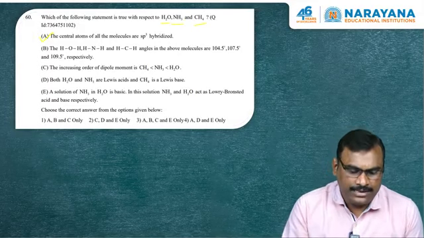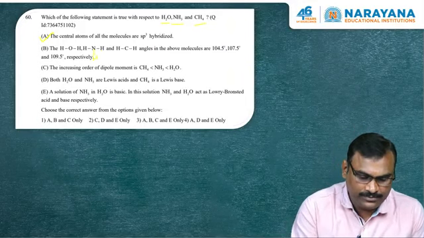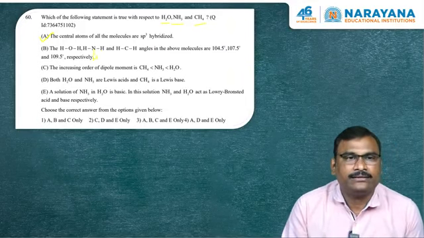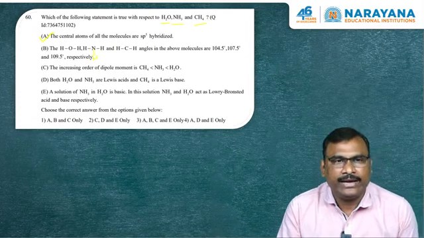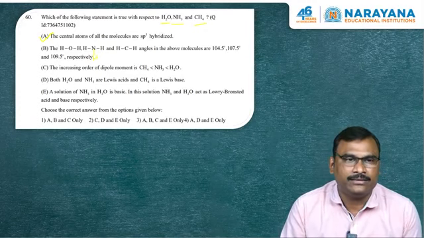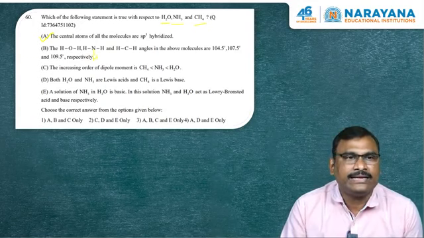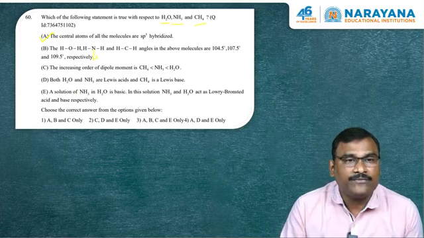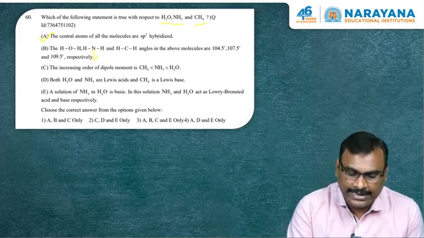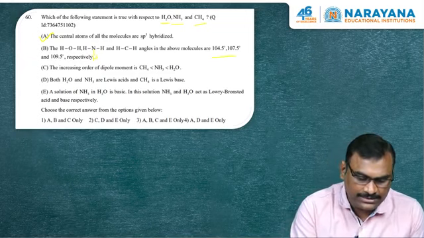Water, ammonia and methane, HOH, HNH, HCH bond angles: in water 104.5 degrees, ammonia 107.5 degrees, methane 109.5 degrees. Yes, students, as the number of lone pairs increases, what happens to the bond angle? Decreases.